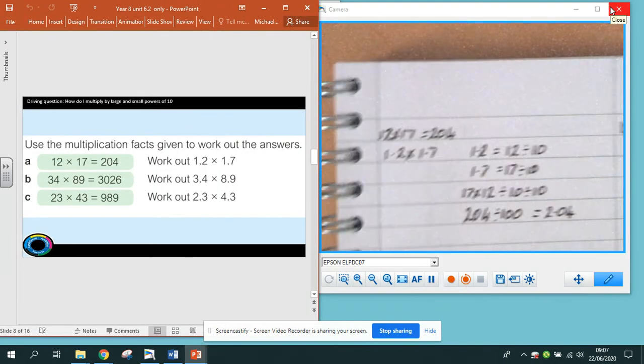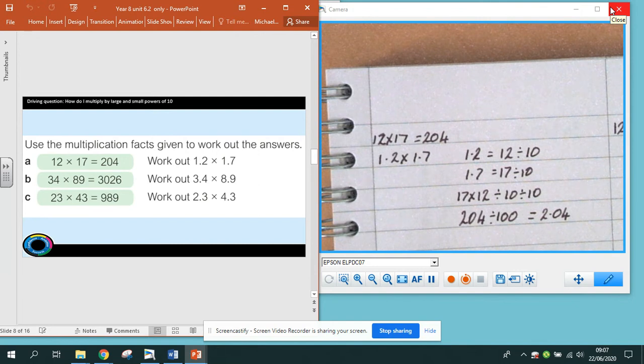Okay, I've written these out in the way that we did our previous examples. So I know 12 times 17 is 204. I know I can turn 12 into 1.2 by dividing it by 10. I know I can turn 17 into 1.7 by dividing it by 10.